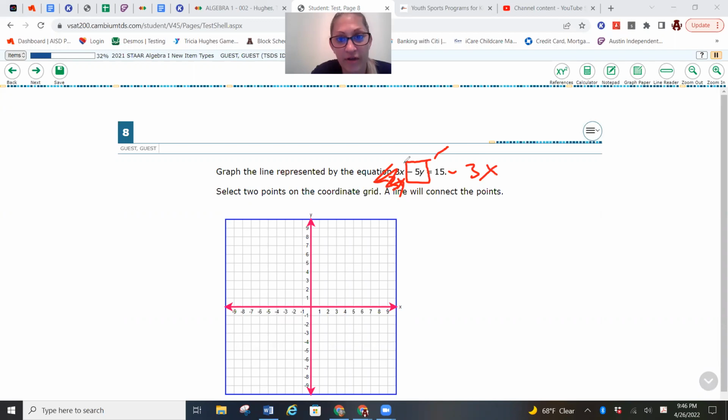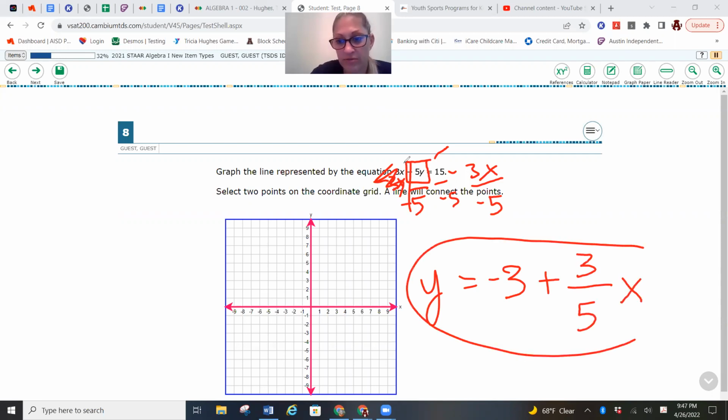And then I'm going to divide. Now I'm going to reduce. 15 divided by negative 5 is negative 3. Negative 3 divided by 5 is positive. Here is my equation.